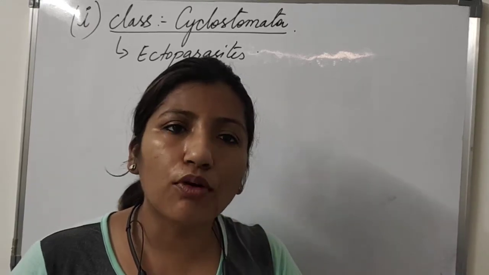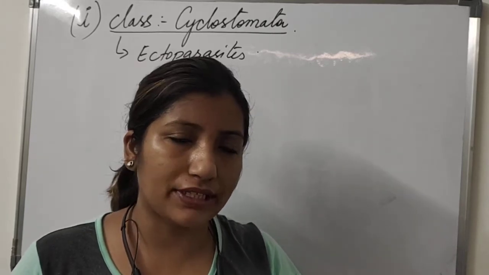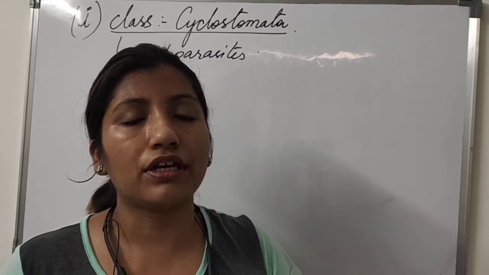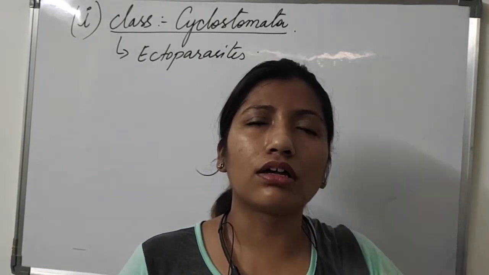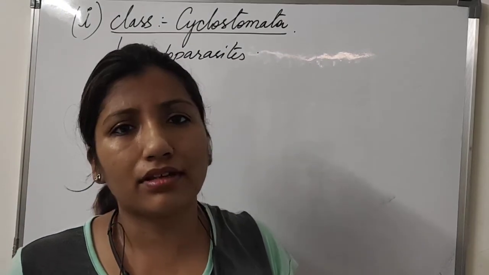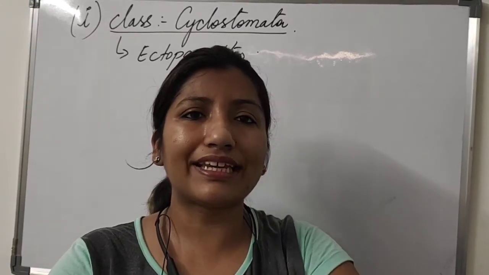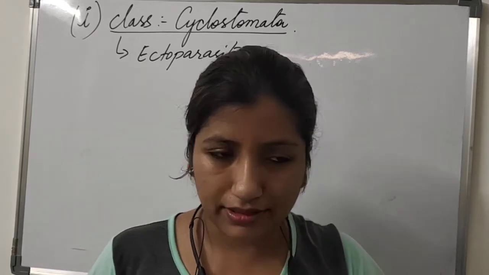Yes, tapeworm. It is an endoparasite. They are found inside the host body. So ectoparasites are parasites which are found outside the host body. So if this is a parasite, it will remain attached outside. So lice in our head and ticks on the bodies of your pets, they are ectoparasites. They attach to the skin of the host body and suck the blood. Right?